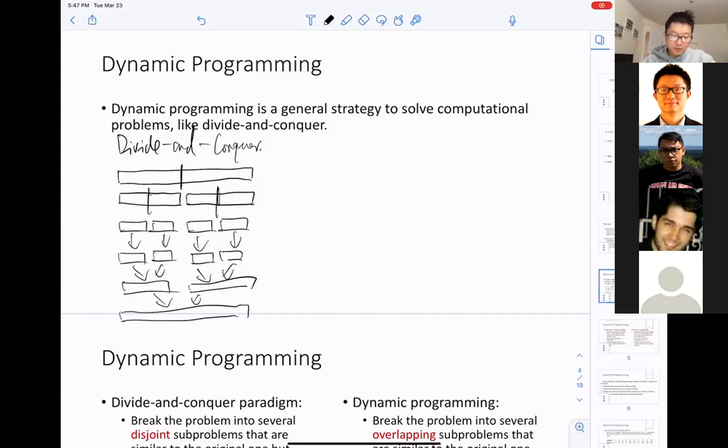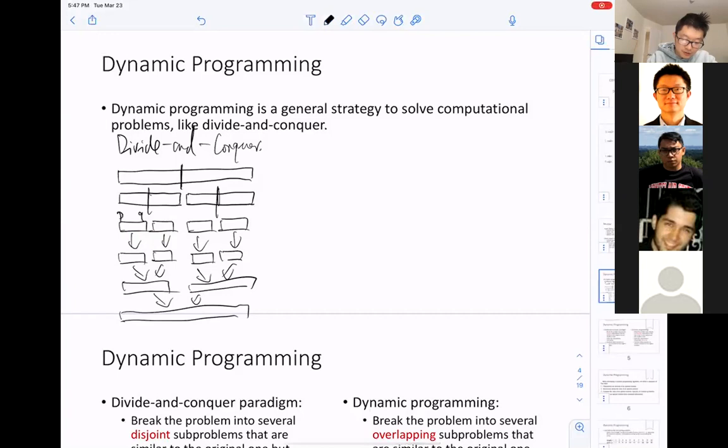In divide and conquer, after we divide a big array into two small subarrays, they do not share any element, if you remember.